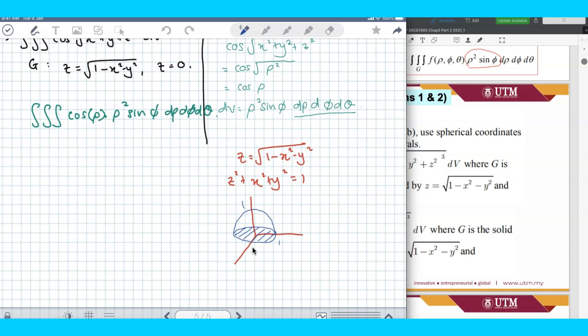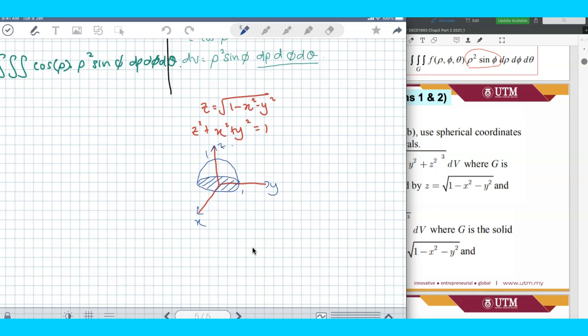So now, if that is your solid where you have X, Y, and Z here, what kind of solid do you have? Just like you choose the dV for this, you give a name for that particular solid. If you have this solid and you are standing like this, what is your region?